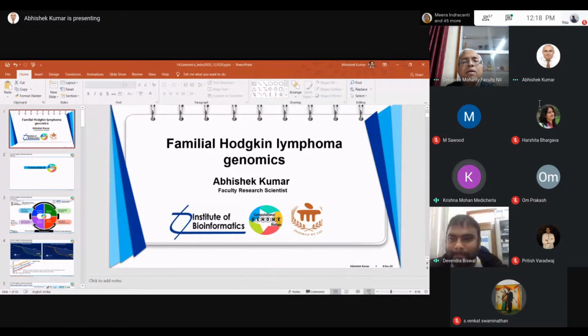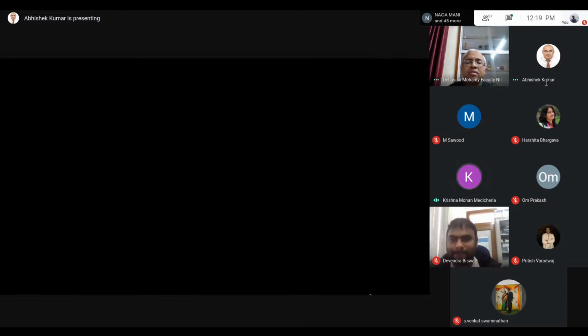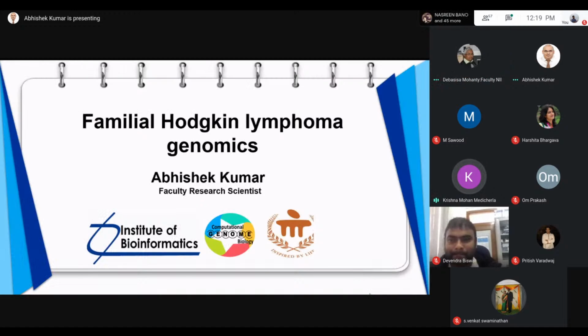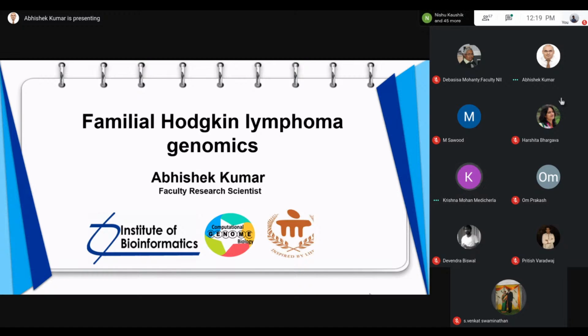We'll move on to the next talk by Dr. Abhishek. Dr. Abhishek is presently the head of the Computational Genome Biology Laboratory at the Institute of Bioinformatics, Bangalore. He earlier worked at the University of Kiel and the German Cancer Research Center in Germany. He also worked on next generation sequencing data, implementing an NGS pipeline, and annotating non-referenced eukaryotic genomes, such as the invasive species Colorado potato beetle, in the biology department of the University of Padova, Italy.